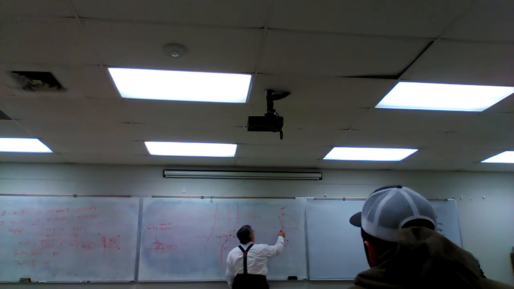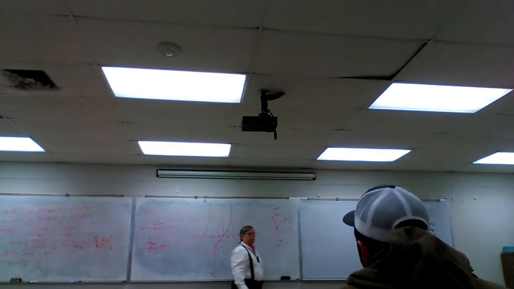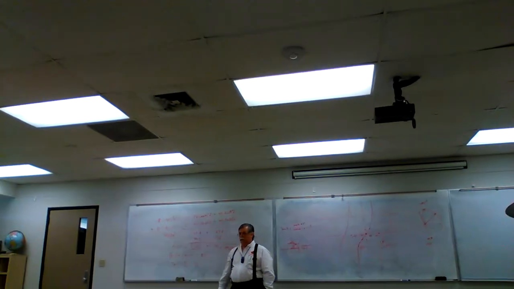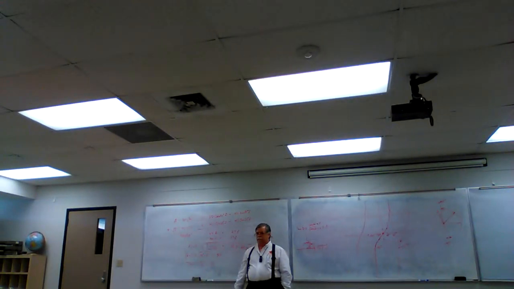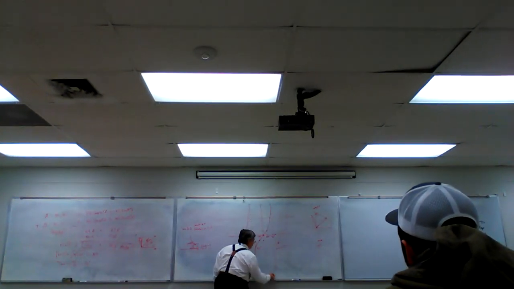If you're over here in quadrant 3, and you take the inverse tangent, it's going to put you here in quadrant 1. This is the way the algorithm works. The algorithm only solves for this first principal period.